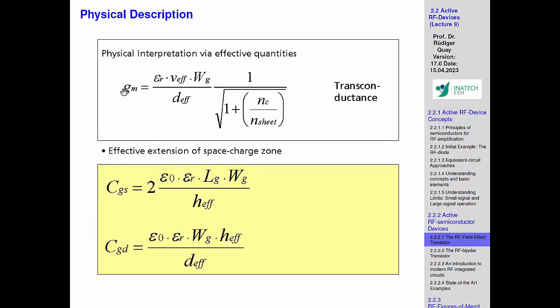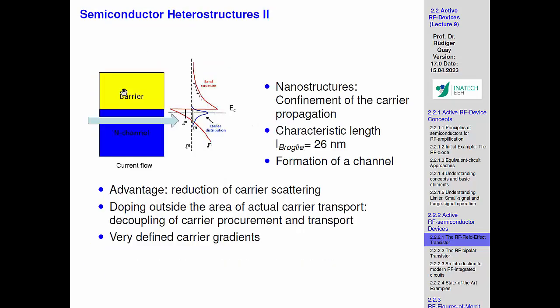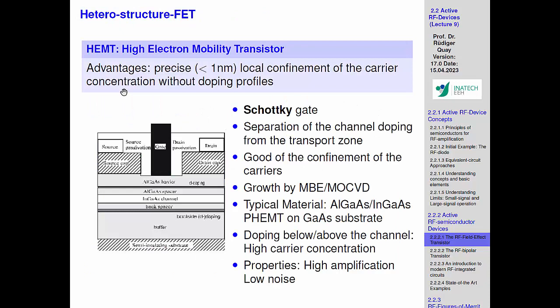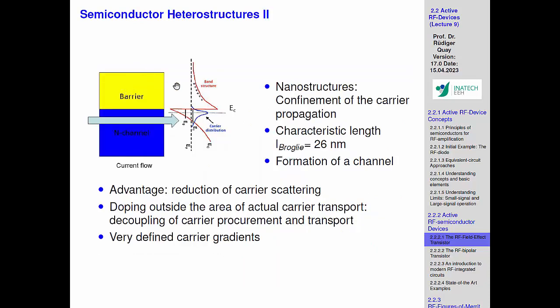Yeah? What is the drawback of making the oxide thinner and thinner and thinner? Maybe you know that already. Yeah. So you always have to think that you just want to keep that functional. If you make it too thin, then the electrons, it's a bit countering the argument. If they can go from here to enter the channel, at some point they can also go in here and enter the gate.